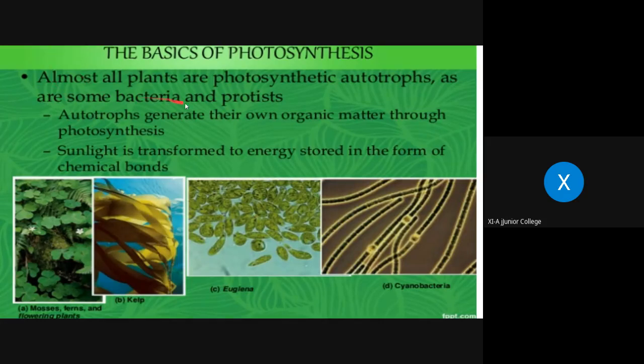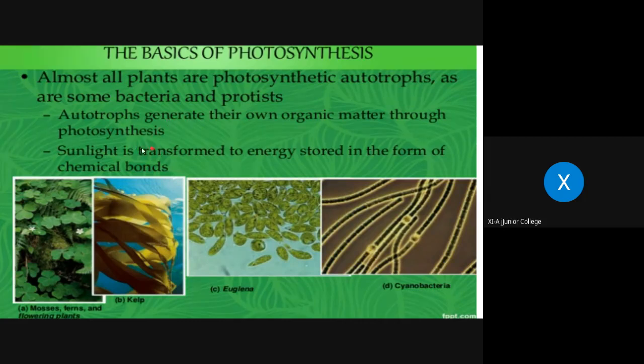So almost all plants are photosynthetic. They are called autotrophs. Auto is self, trophism is producing food material. Some bacteria which contain the photosynthetic pigment, and some protists which are able to perform photosynthesis using their photosynthetic pigment, are all considered to be autotrophs.